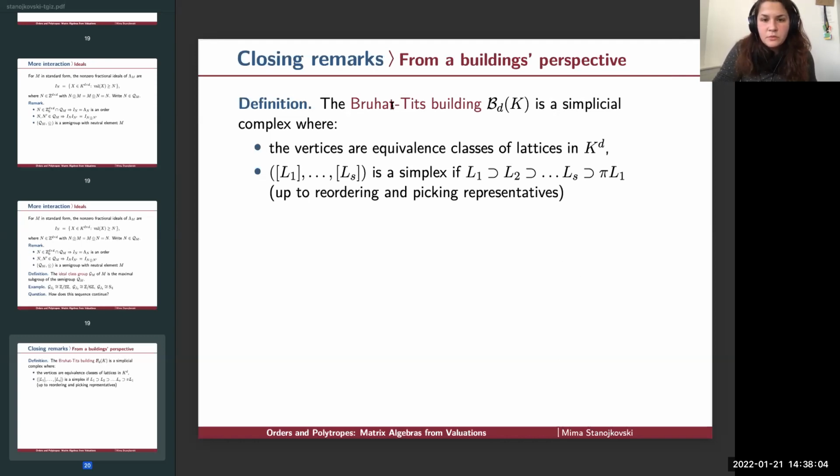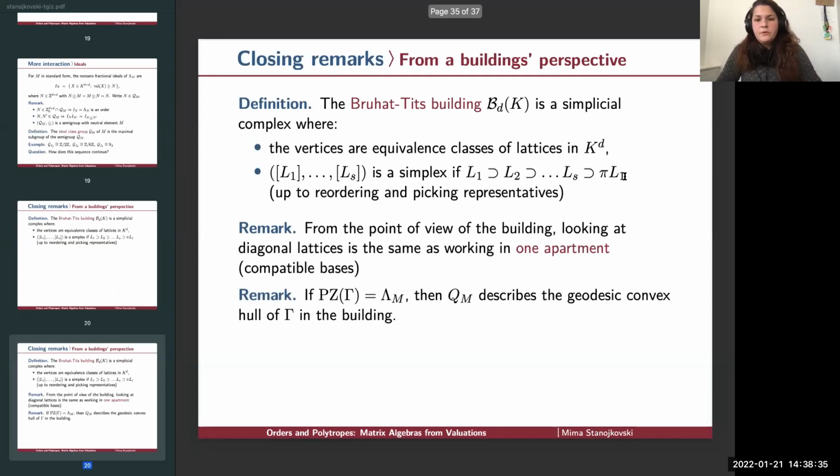This is a simplicial complex where the vertices are given by lattices and actually equivalence classes of lattices. So anything that is scaling, we allow and we put all in the same class, and this will be one vertex. And a simplex will be given by a collection of lattices that satisfy, up to permutations and choice of representatives, inclusions like this.